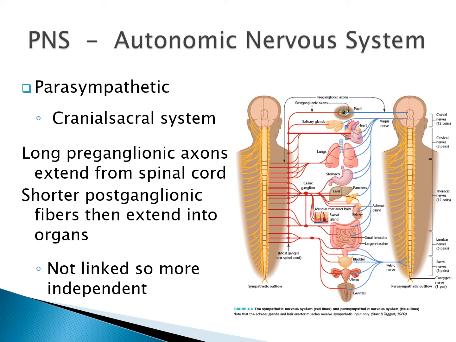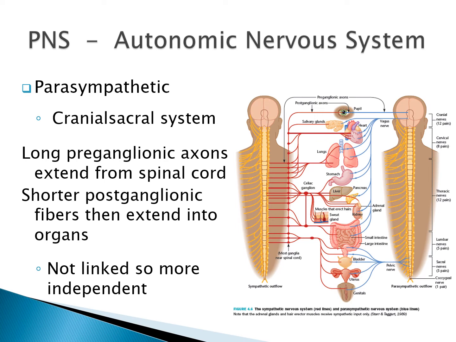The other part of the autonomic nervous system is the parasympathetic nervous system, sometimes called the cranial sacral system. As you can see, we have these cranial nerves and then nerves from the sacral spine, or the sacrum, that are leaving the spine. We have these longer preganglionic axons now extending from the spinal cord, and those ganglia, those cell bodies, are closer to the target organs.